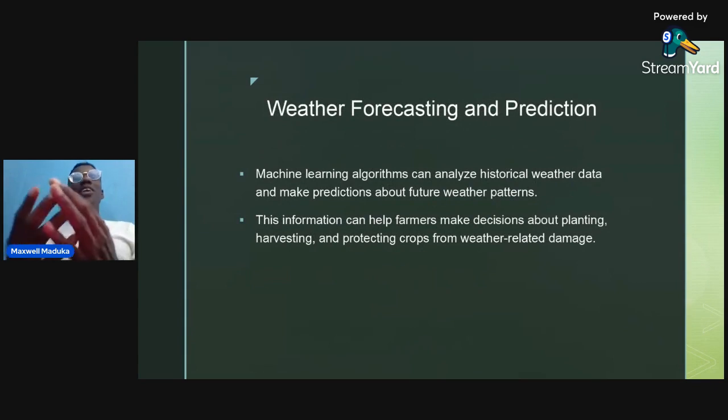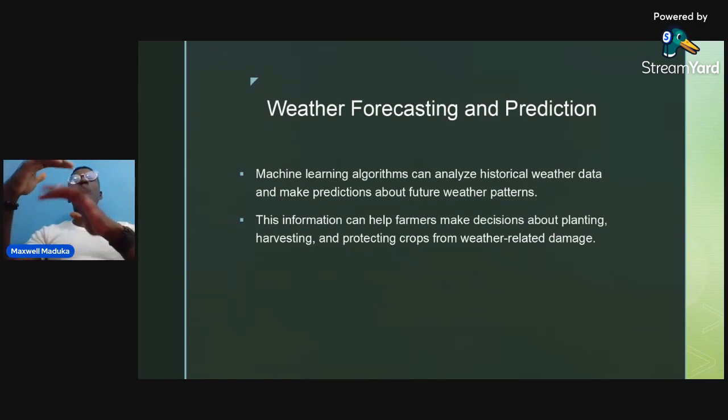Weather forecasting and prediction. We are not exactly very far from it, but there has been a lot of research done out there, like in a place in Texas, where they use drones to pour chemicals into the atmosphere to produce rain.